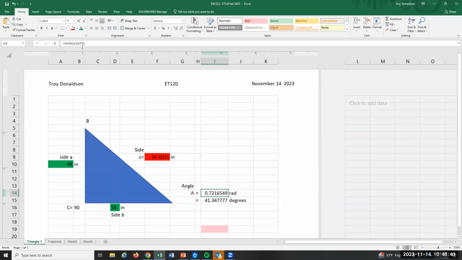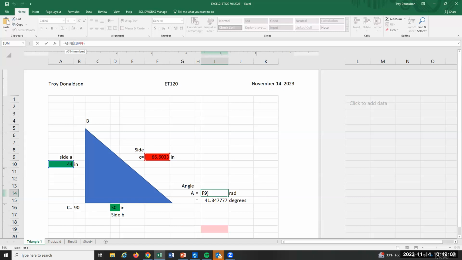So if you click on this up here, you can see the boxes it uses. It's kind of fun. If you click on the formula, it'll color code the boxes it's using. It's super handy. It's kind of hard to see, but A10 is blue and this is blue. And F9 is red and this red box is here.